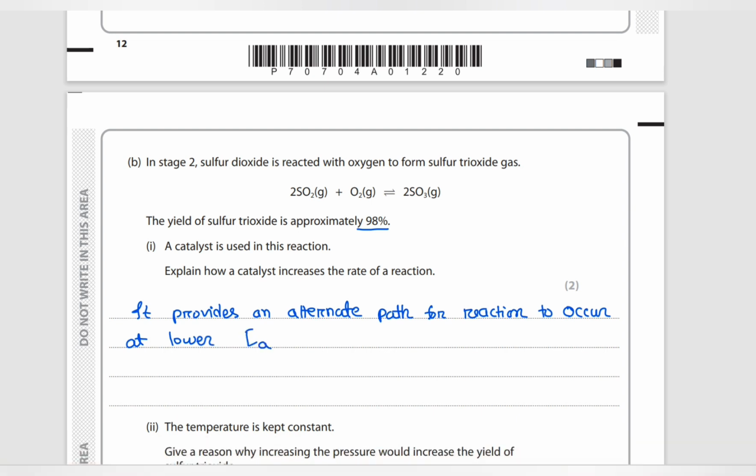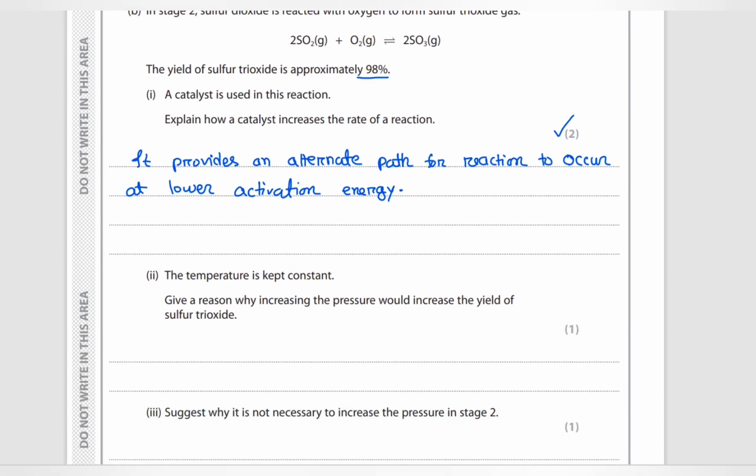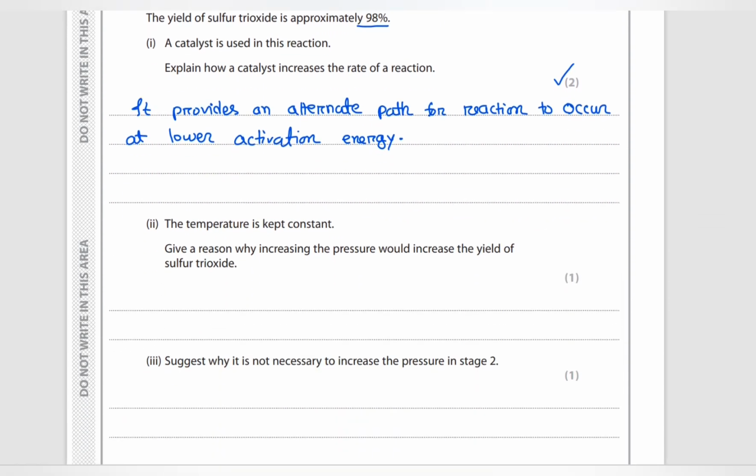It's not okay to write just activation energy in a written answer. So lower activation energy. So these are the two mark scheme points for this question. Part B1 is done. Moving to part B3, the temperature is kept constant.